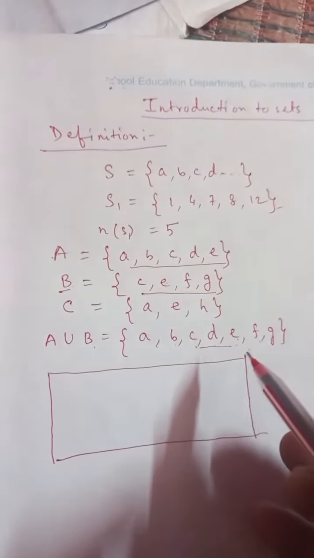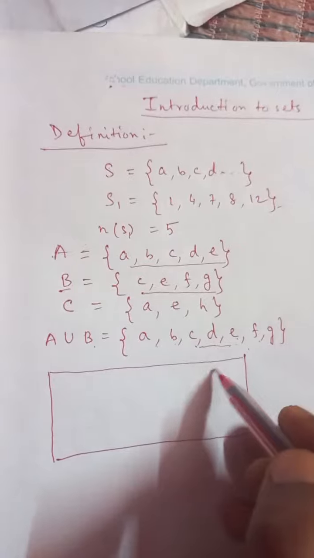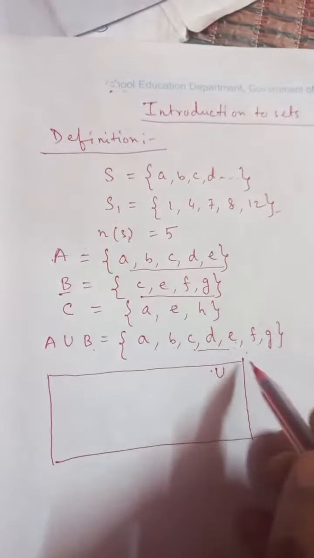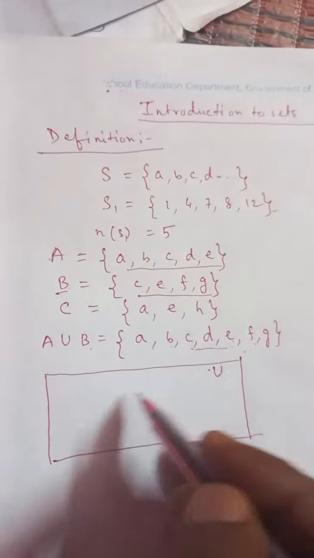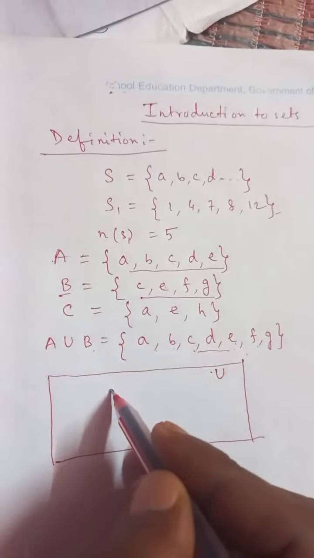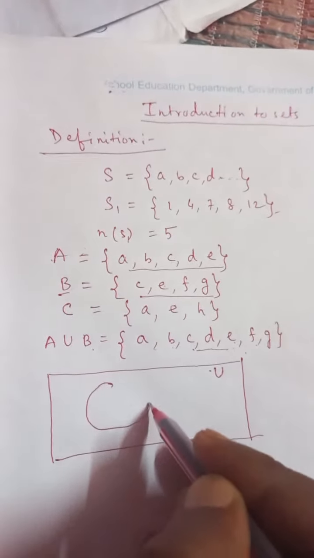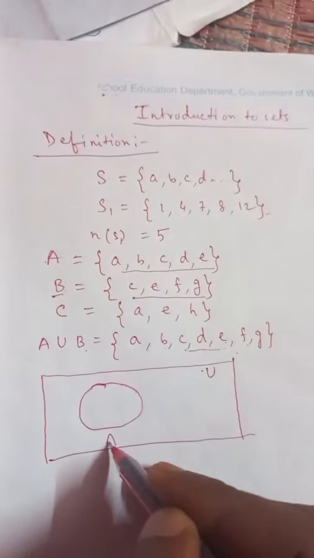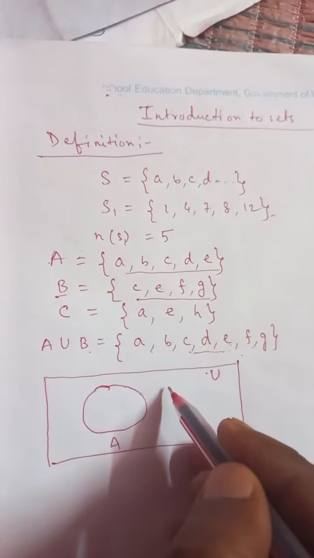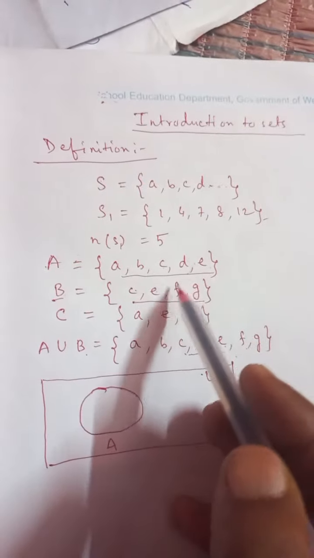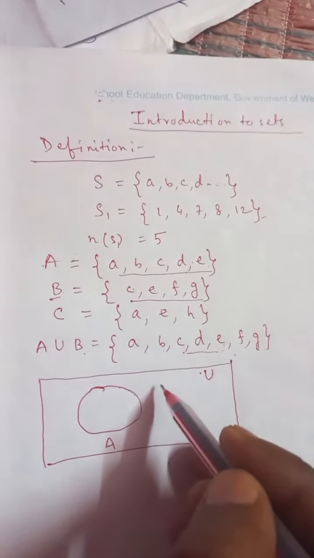All the sets we can formulate come under this universal set. So we are taking a set here in this way. This is a set A, and another set we are taking, set B. Since two elements are common, C and E, we can write in this way.